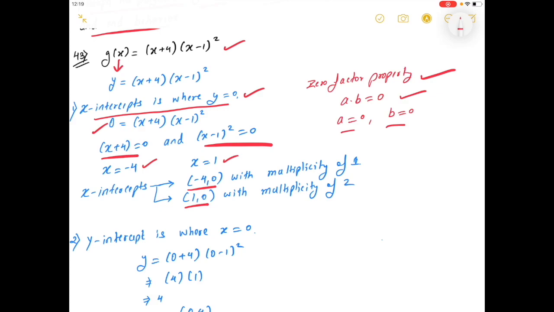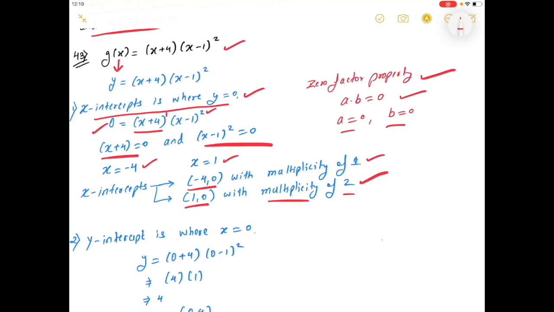Talking about the multiplicities, x plus 4 only has an exponent of 1, so it has a multiplicity of 1, and x minus 1 has an exponent of 2, so it has a multiplicity of 2. We can also write (x minus 1) whole square as (x minus 1) times (x minus 1), so that's 2 times. That's what we call a multiplicity of 2.